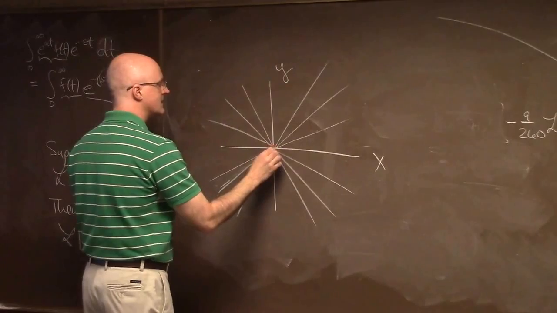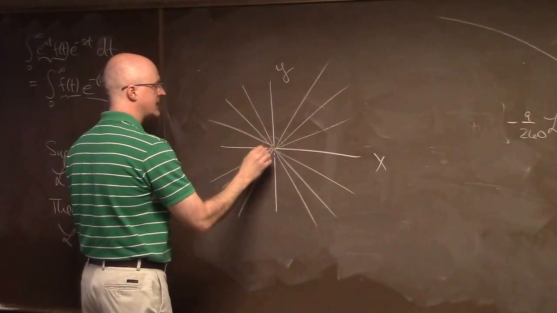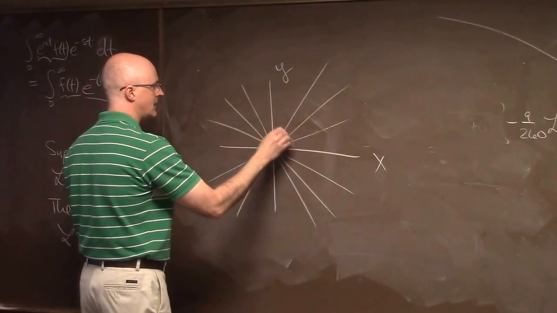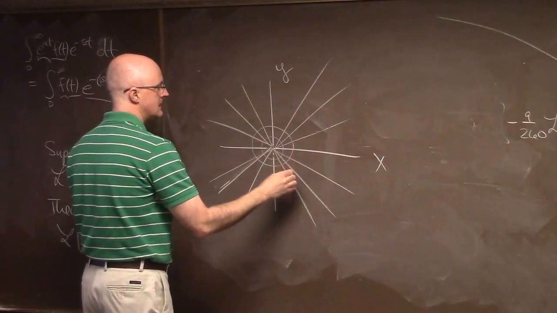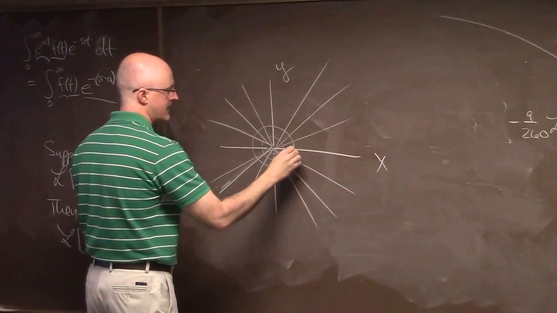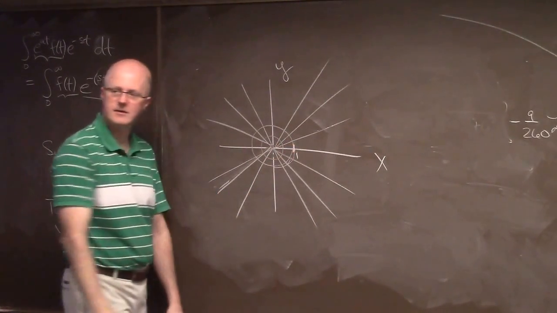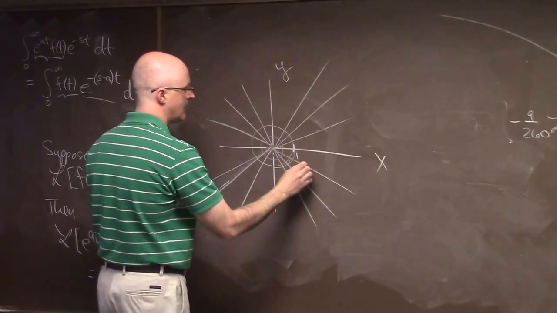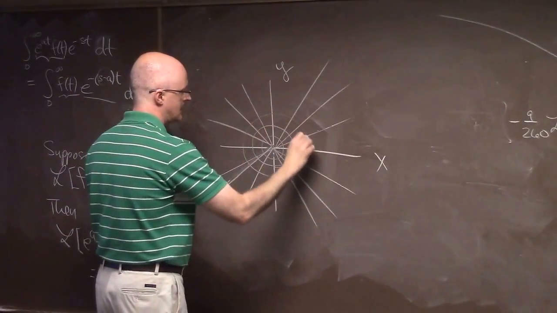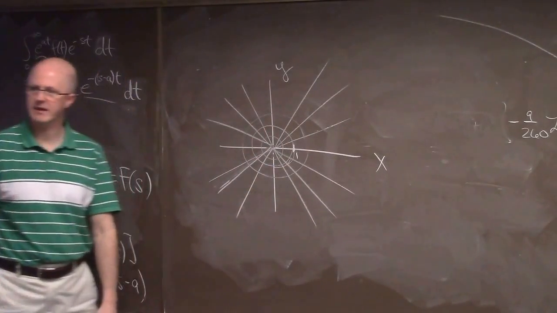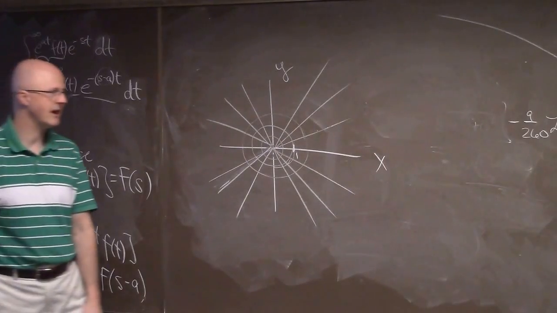You've got circles of various radii centered at the origin as well. Let's pretend this is a radius of 1 right there. There's a real rough drawing of a basic polar grid on the xy plane.